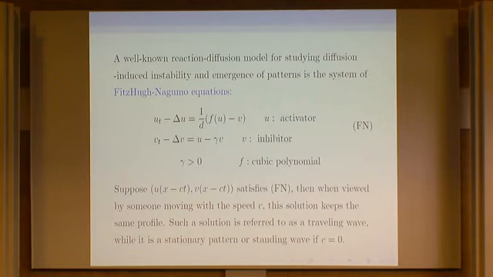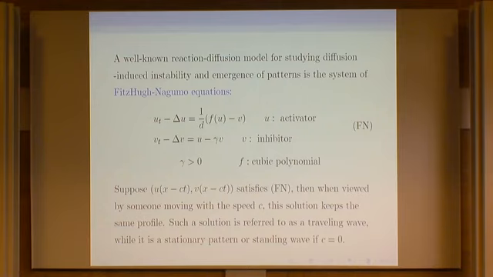But in general, if you want to study a more general range of parameters, then we try to see if we can use a variational method to study such kinds of questions.